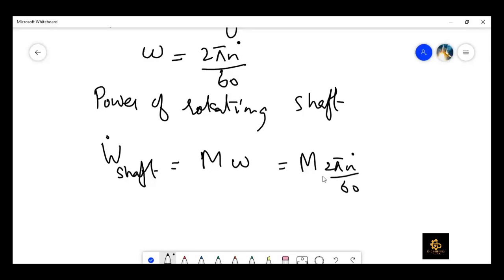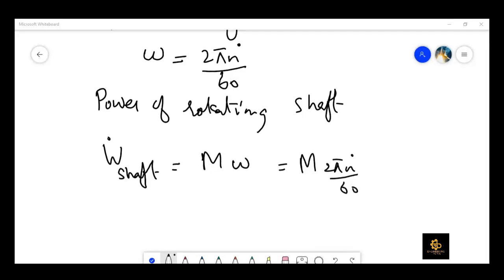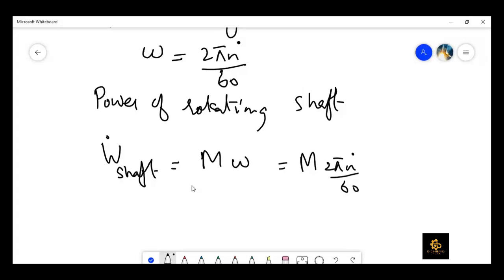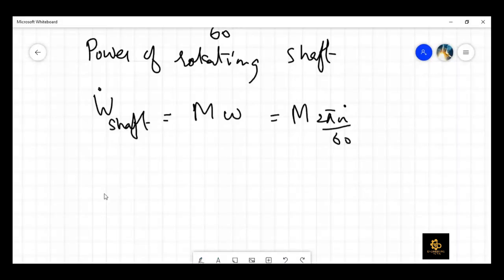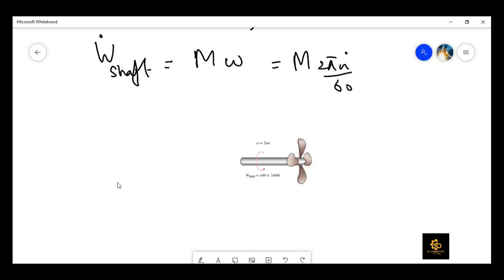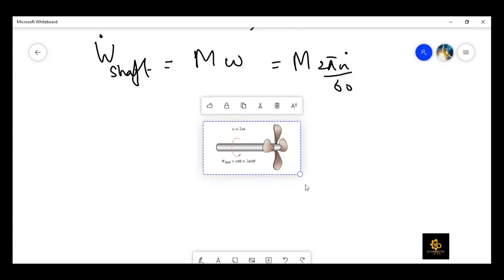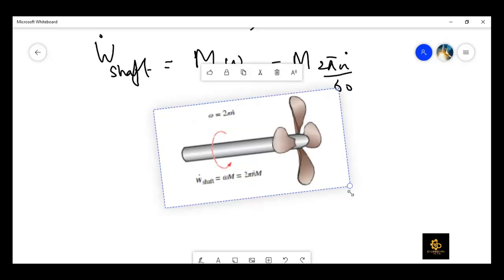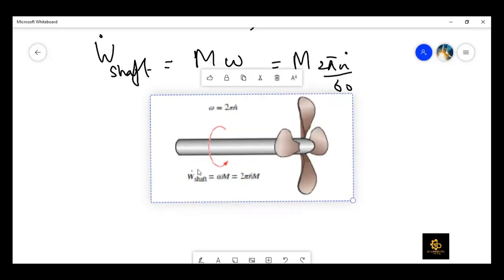So let me show you the schematic of that. This is a rotating fan which is moving with the angular velocity omega, 2 pi n dot.